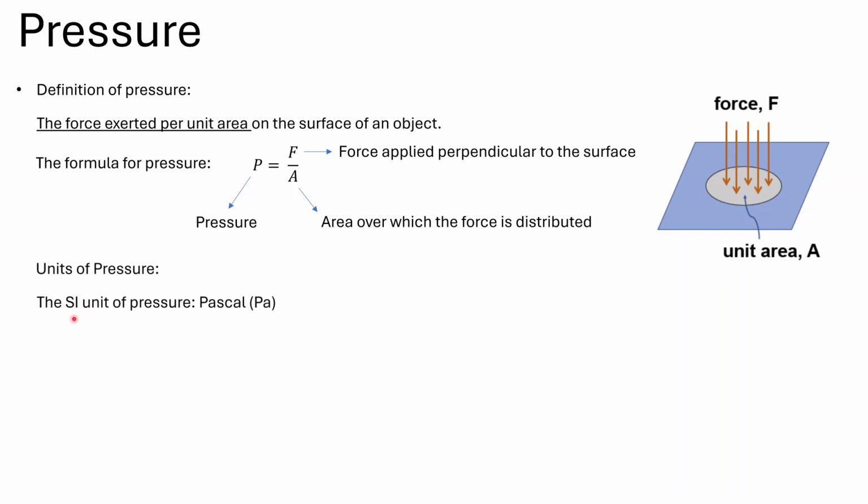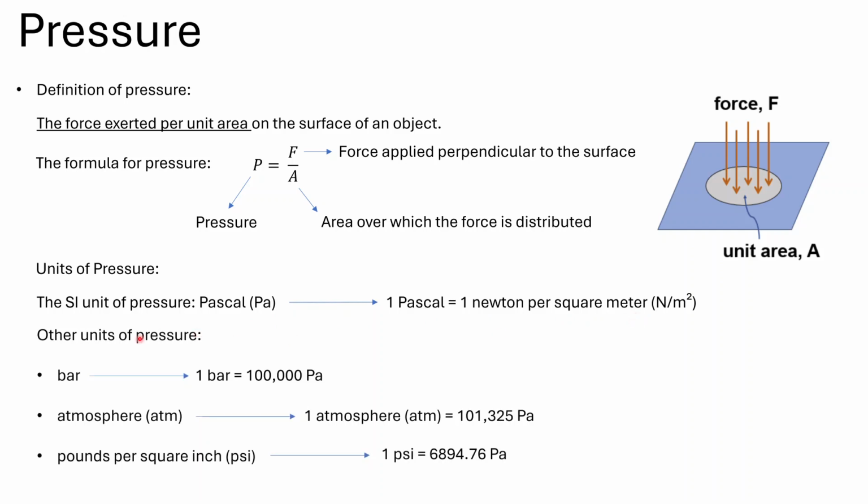Units of pressure. The SI unit of pressure is Pascal or Pa. 1 Pascal equals 1 Newton per square meter. Other units of pressure are the following: bar, atmosphere, and pounds per square inch or PSI.